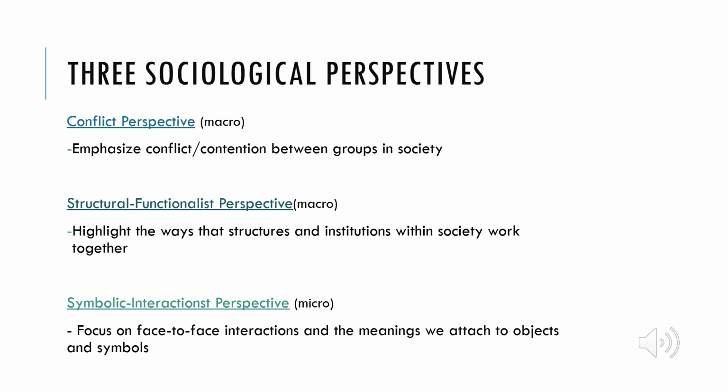But what the functionalist perspective is highlighting is that when there is a disruption, right, something happens like an economic crisis, society will continue to function because that disruption is absorbed by the other institutions, right?